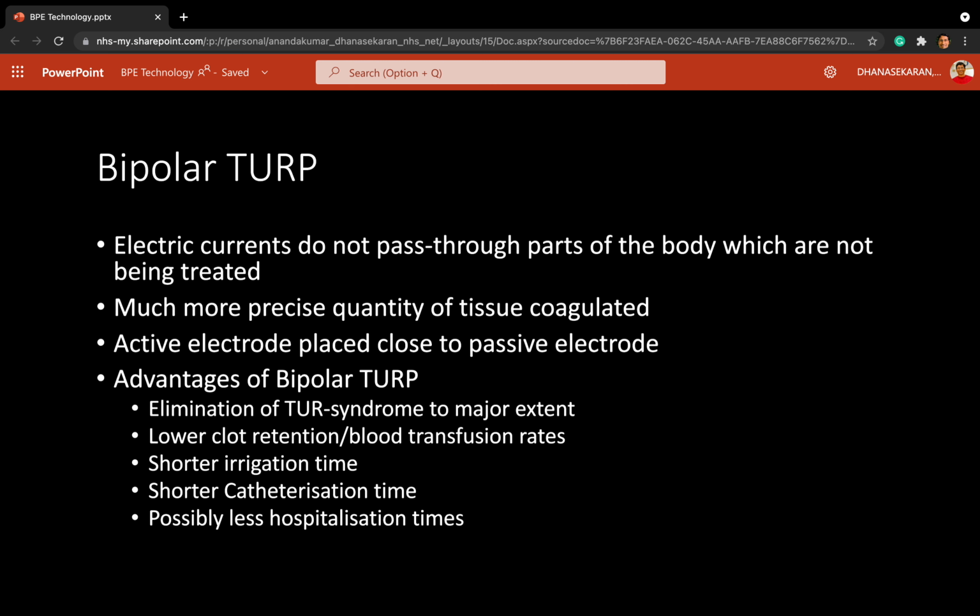Because saline is used, it also reduces the risk of TUR syndrome causing dilution or hyponatremia, and there is the absence of glycine and its potential toxic metabolic effects. Okay. If you see the evidence published favoring bipolar TURP, there are various other advantages like lower clot retention, lower blood transfusion, shorter irrigation time, shorter catheterization, and less hospitalization.